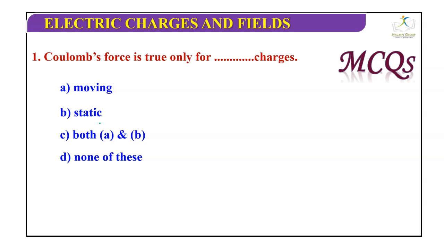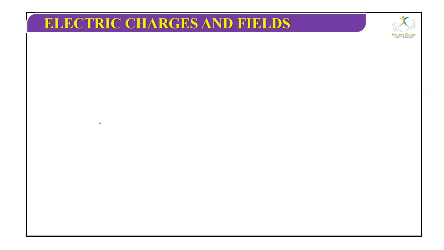So the correct answer for this question is static charges. We are studying this topic, Coulomb's force, in electrostatics. Static means the charges are in the rest position. So this is part of electrostatics. We can say directly that static charges are part of Coulomb force.